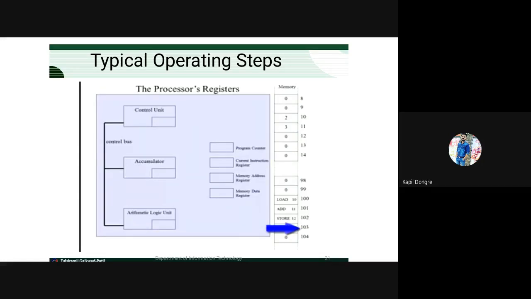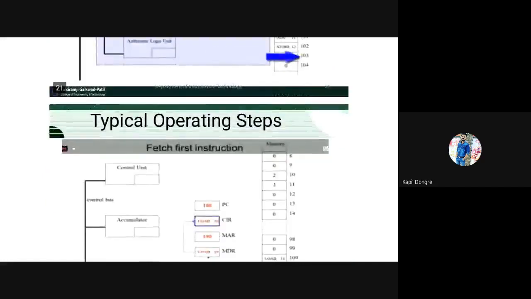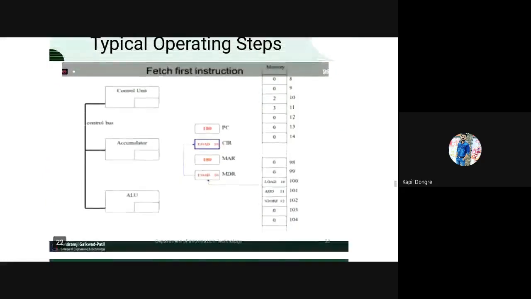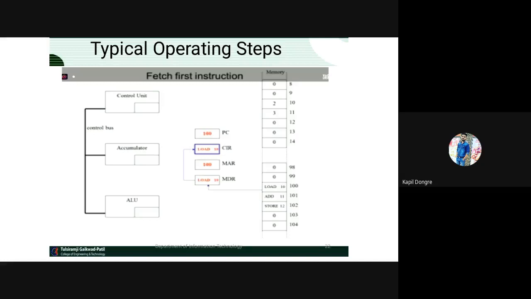Then the memory data register. The memory data register contains the data which is going to execute. और ये डेटा कौन सा रहेगा, ये डेटा जो हमारा आएगा जो मेमोरी एड्रेस रजिस्टर के अंदर जो भी हमारा एड्रेस होगा उस एड्रेस के अंदर जो भी डेटा अवेलेबल होगा वो डेटा हमारा यहाँ पे आएगा. टिपिकल ऑपरेटिंग स्टेप, फर्स्ट जो इंस्ट्रक्शंस एग्जीक्यूट होने वाली है, यहाँ पे आप देख पा रहे होंगे सबसे पहले फेच द इंस्ट्रक्शंस.